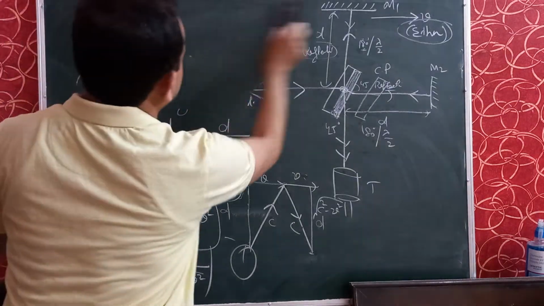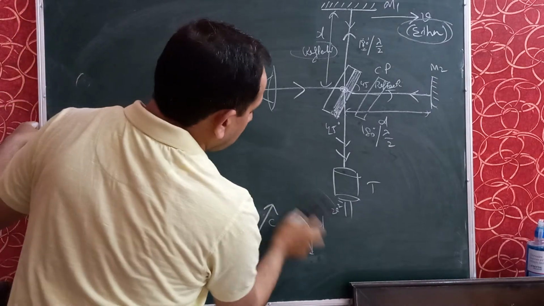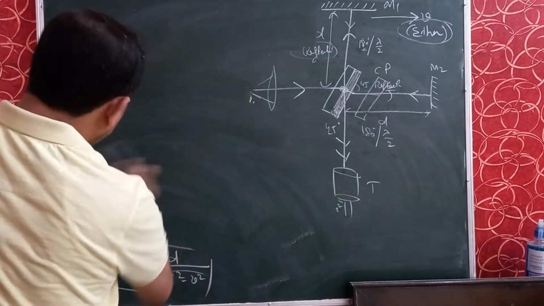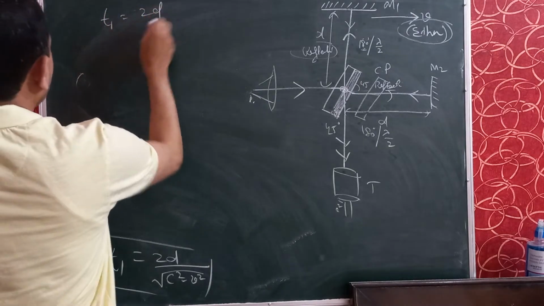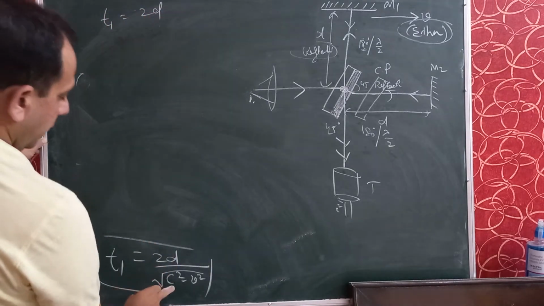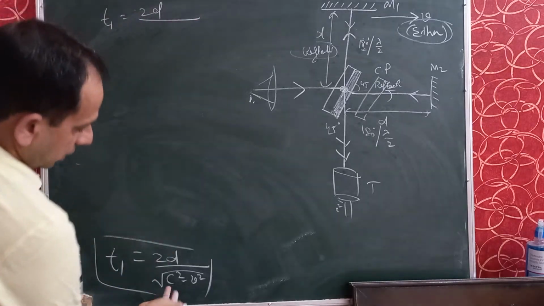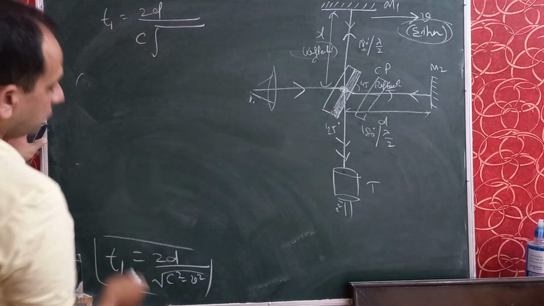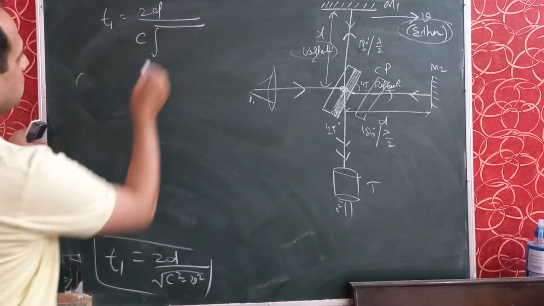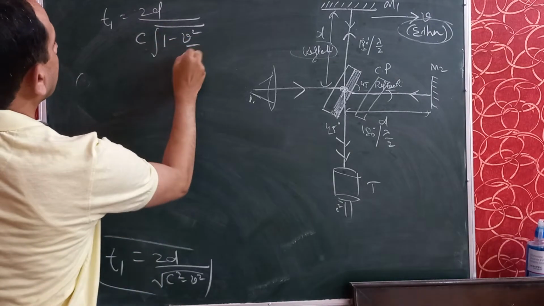On simplification, we may write t1 is equal to 2d, and taking c square common from the first term, it will become c when it comes out of the square root, and it becomes 1 minus v square upon c square.